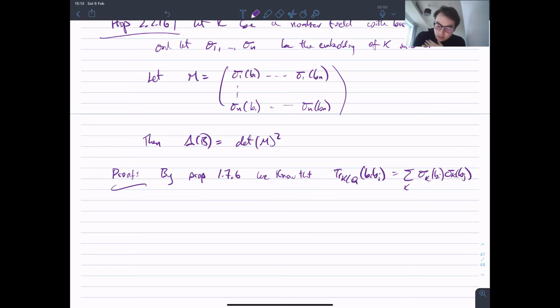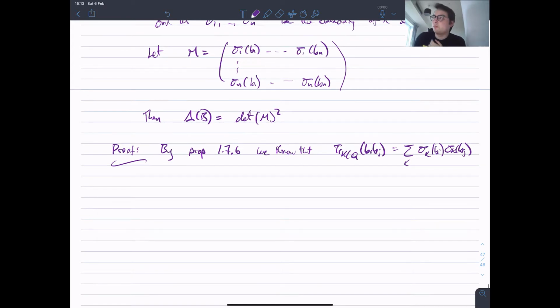And you remember the trace is just the sum over all the embeddings. And you notice that this is the same as the ij entry of the following matrix. You take your matrix M that I have above, transposed, times M.